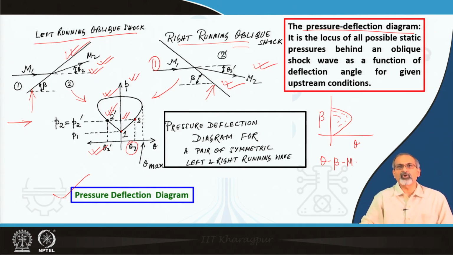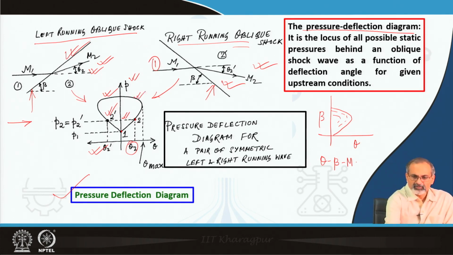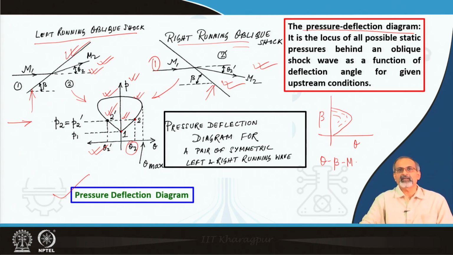Likewise, if you keep talking about different deflection angles, you would follow this lobe. As long as you have attached oblique shocks, you will follow this lobe. That is the motivation behind representing deflection versus pressure changes across oblique shocks through a pressure deflection diagram.